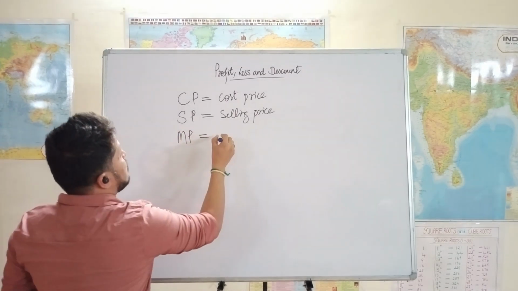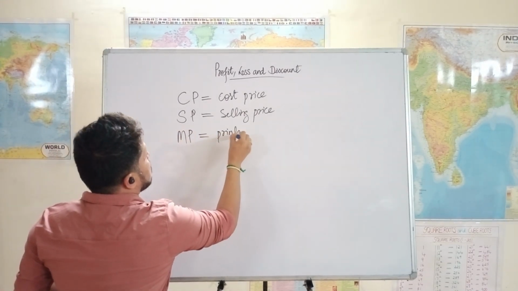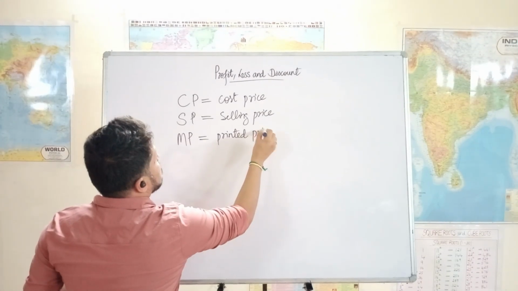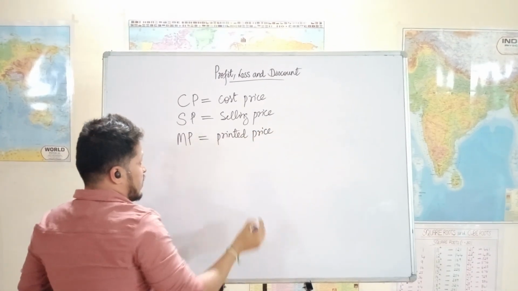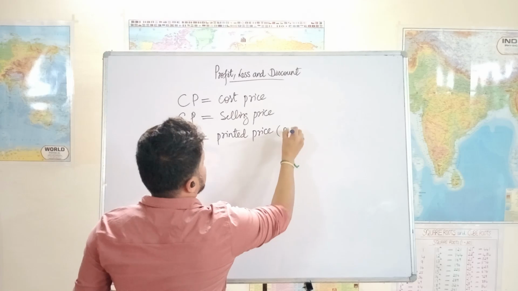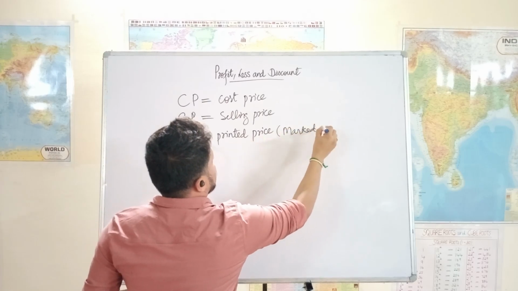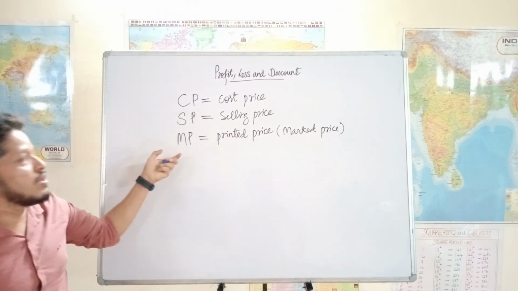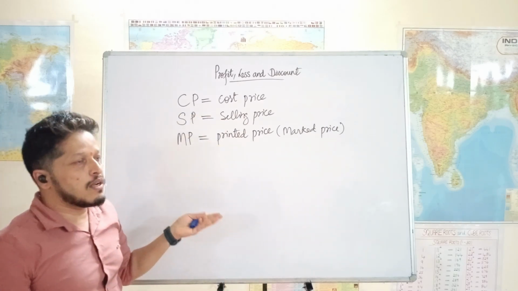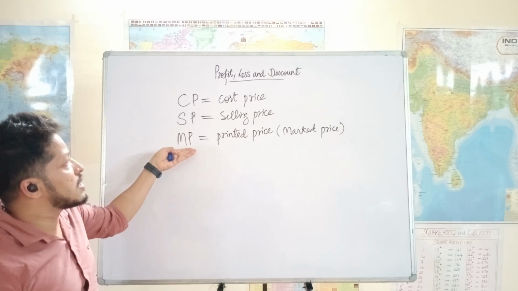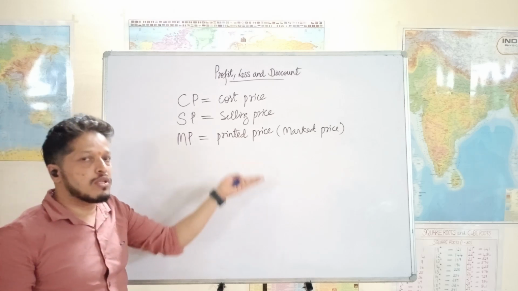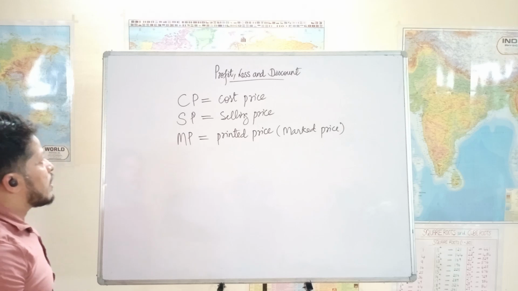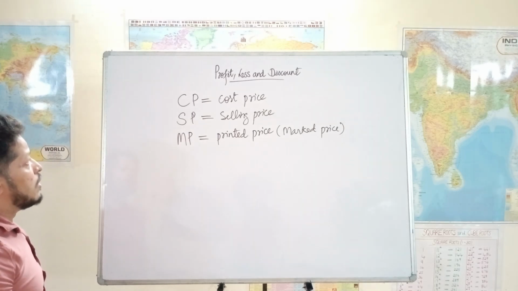Mark price is the printed price, or we call it MRP here. This is the price which is mentioned on the goods. Sometimes when we get discounts, we consider this mark price to see how much discount we got. Okay, and what other terms do we have here?